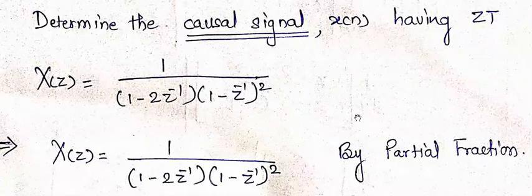To solve such kinds of expressions using the partial fraction, it does carry some steps. By using the steps of the partial fraction, we need to concentrate on the power at the numerator. Right now at the numerator it is 1, so it is z raised to 0.